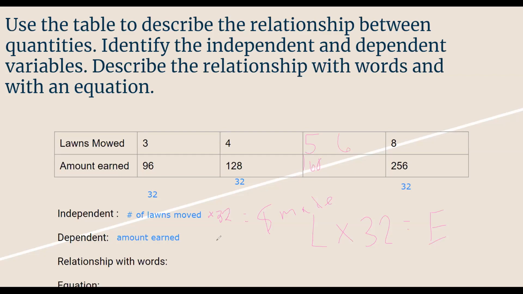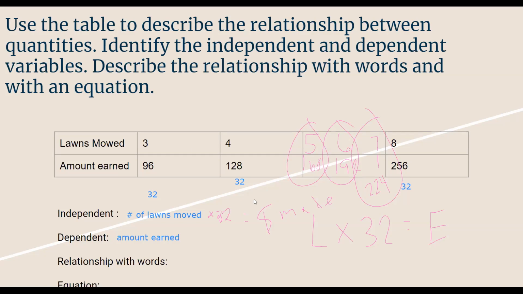If you chose 6 and did 6 times 32, it would have been 192. Or if you chose 7 and did 7 times 32, this would have been 224. So as long as you had one of these 3 things in that missing part of the table, your answer was correct. Okay, so that is how you write equations.